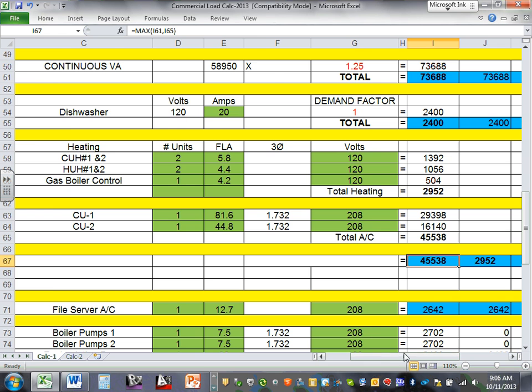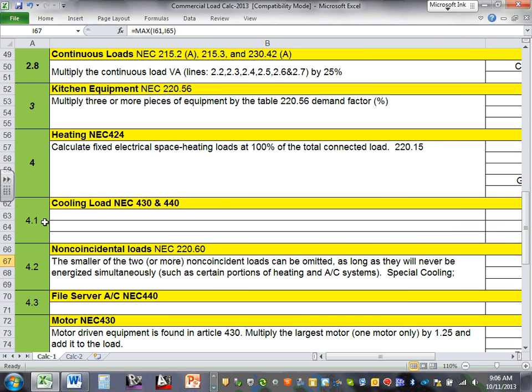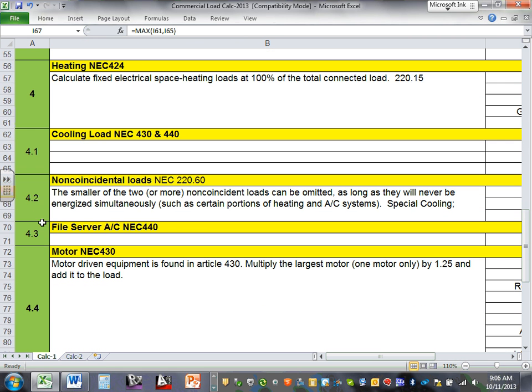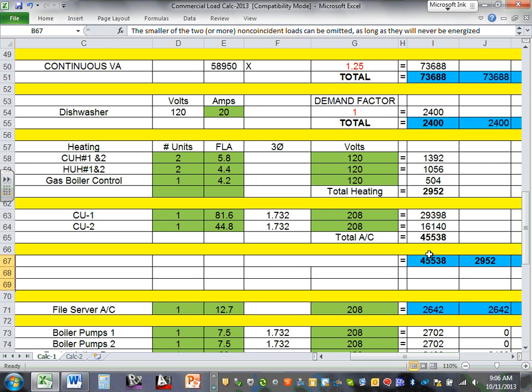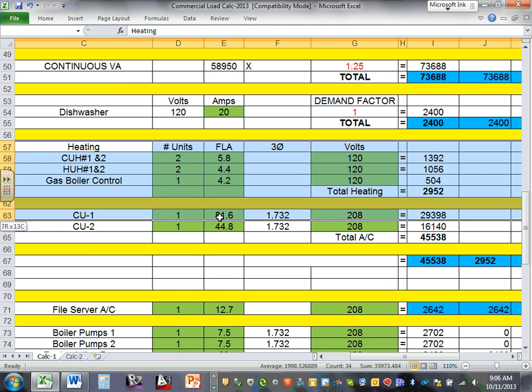And at the end, in step number 4.5, non-coincident 4.2, you are to choose the largest of the cool or the heat. So here's the largest of the cool or the heat. Can you guys see that? Where do these numbers come from? All these are directly from your project.